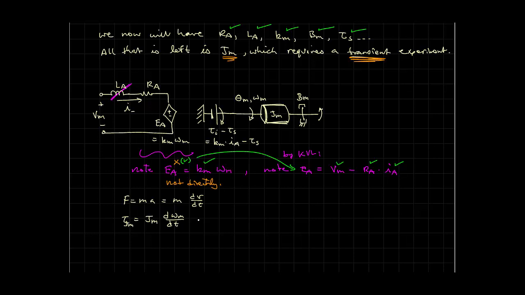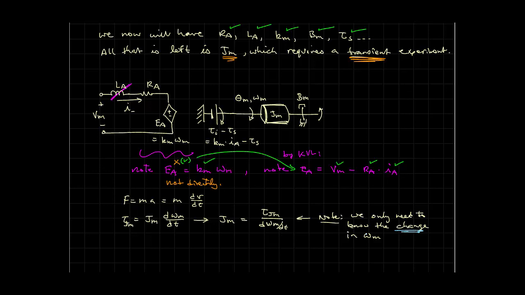So we can find Jm if we know the torque and we know d omega m dt. Note, we only need to know the change in omega m. We don't need to know omega m directly.